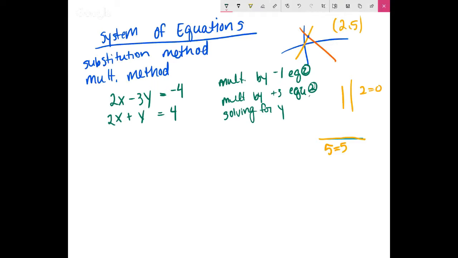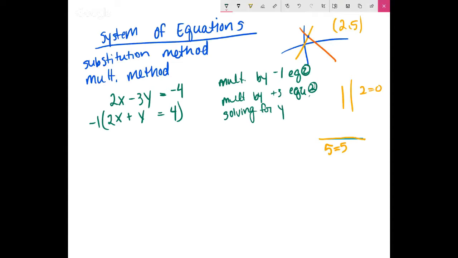The way I did it was I multiplied the second equation by -1, and that was because I guess I thought that was the easiest way. So let's do it. Multiply the bottom by -1. The second problem I didn't distribute all the way out, and I got into a little conundrum.